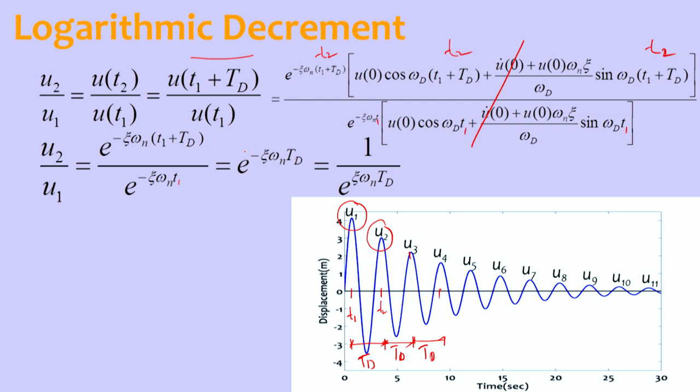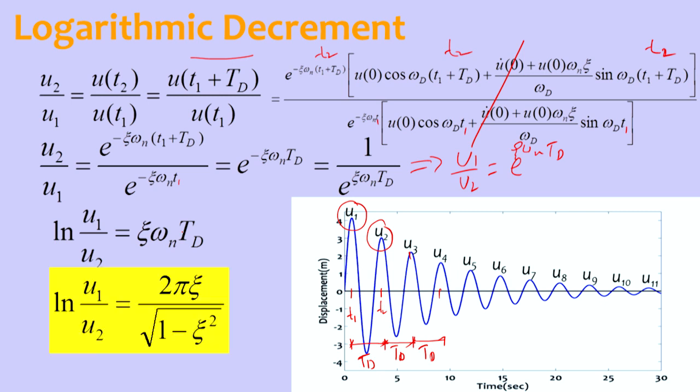To remove the negative sign in the exponential, we can write 1 by e to the power of zeta omega n Td, and if we reverse it, we can write U1 by U2 equal to e to the power of zeta omega n Td. Now we apply the natural log to this U1 by U2 ratio, and that will be equal to zeta omega n Td.